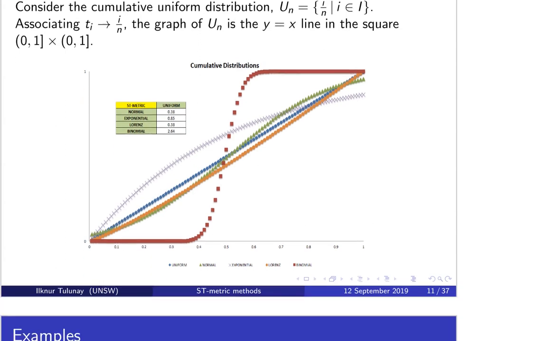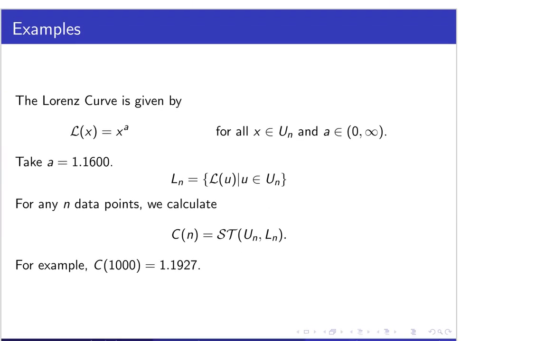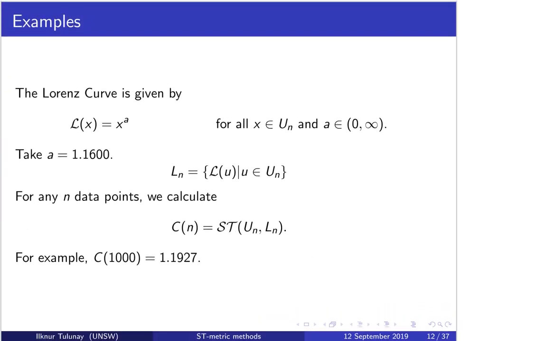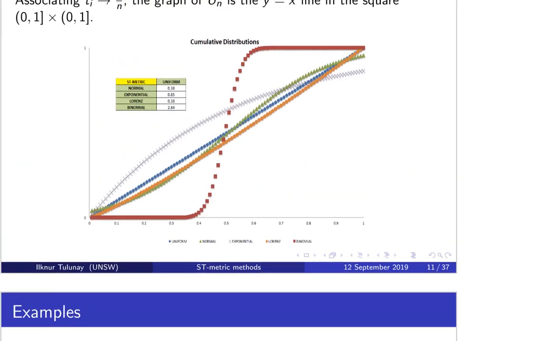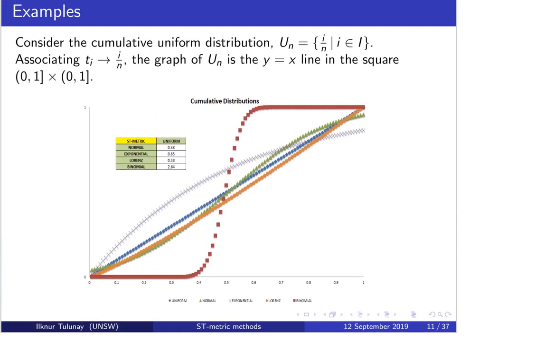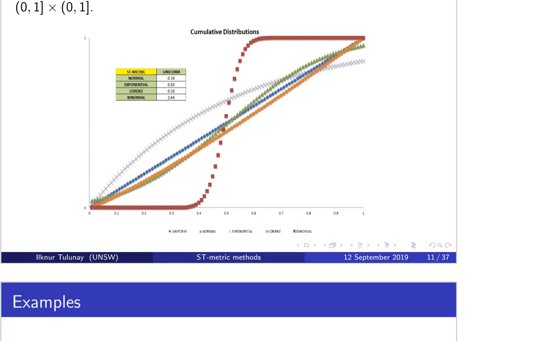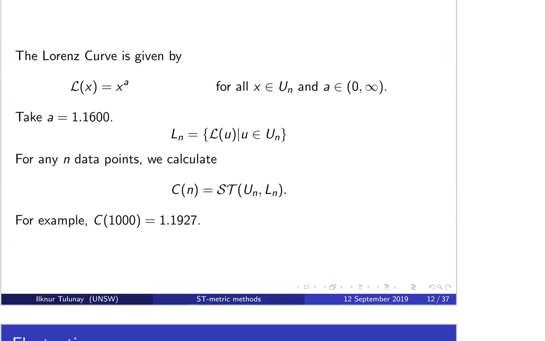So if we have certain values, for A is this value, the normal distribution and the Lorentz distribution will be in a similar pattern. This will go like that, this will go like that. They are smaller, close to the uniform distribution.